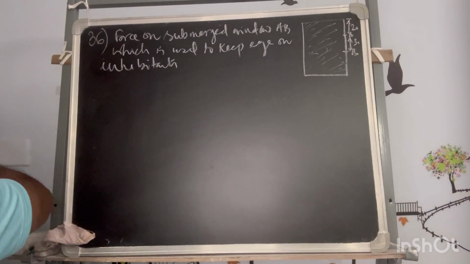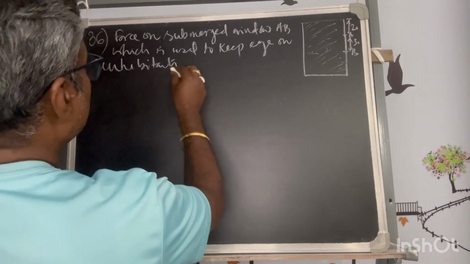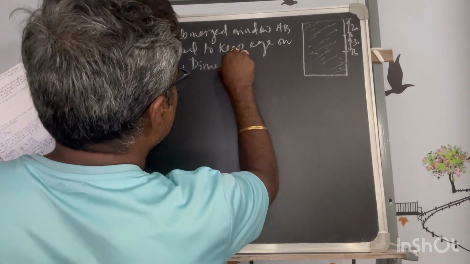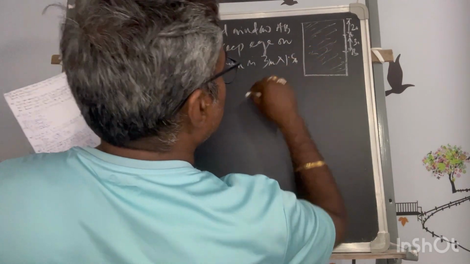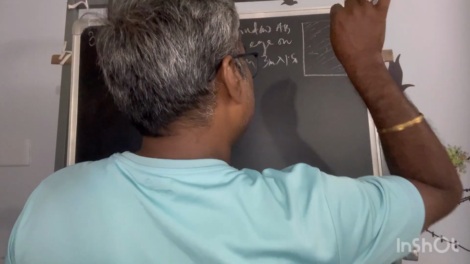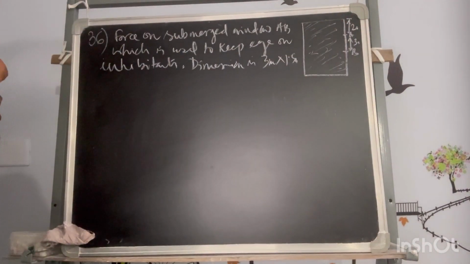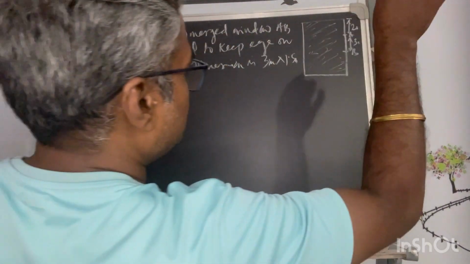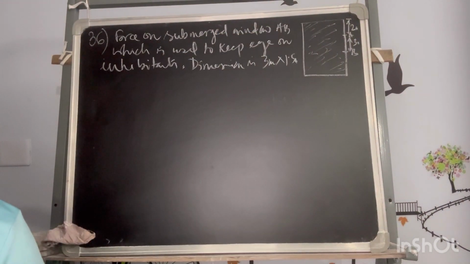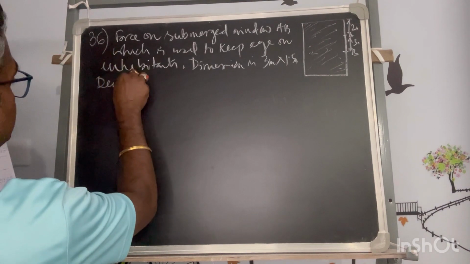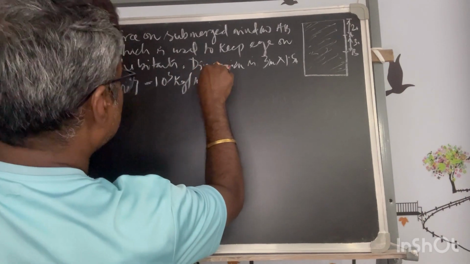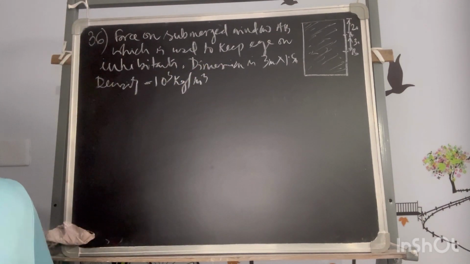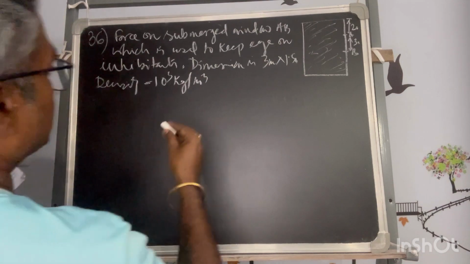Okay, so the dimension is 3 meter cross 1.5 meter. So 3 meter you can see here, and 1.5 meter is on your surface, perpendicular to the surface, you can assume it. And density, as it is water, is 10 to the power 3 kg per meter cube.